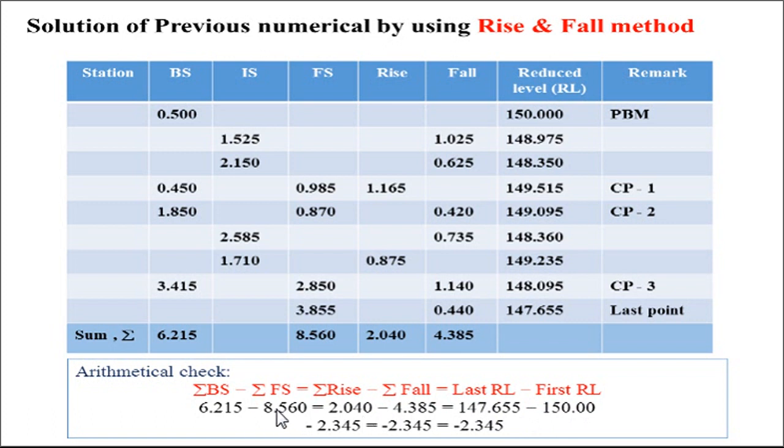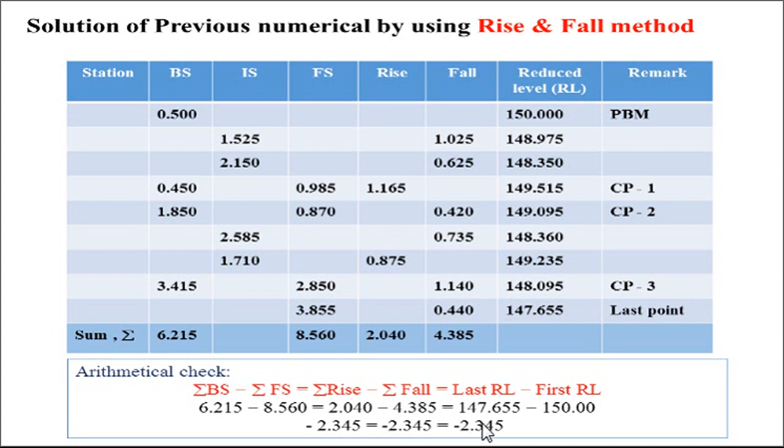So after doing the calculations, we will get minus 2.345 from the subtraction of these two. Also by subtracting these two, we will get minus 2.345, and also by subtracting these two, we will get minus 2.345. So this is equal to this is equal to this.